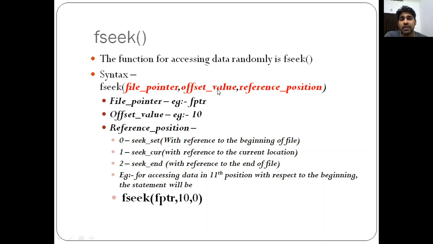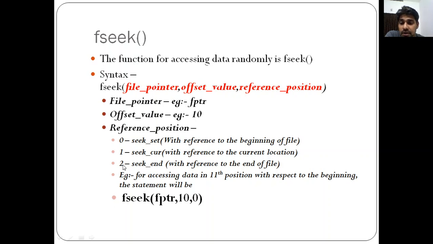For example, if I'm in the second position and I use the offset value as 10 and the reference position as 1, the new position will be 2 plus 10, so it will go to the 12th position. That's how it works.